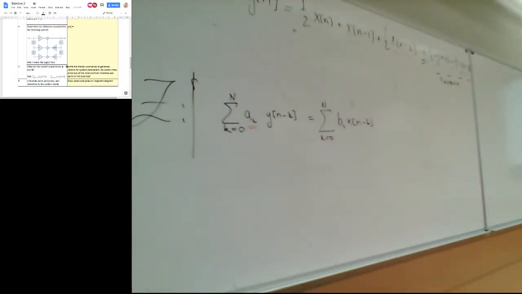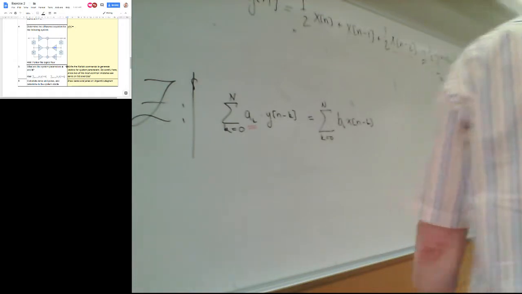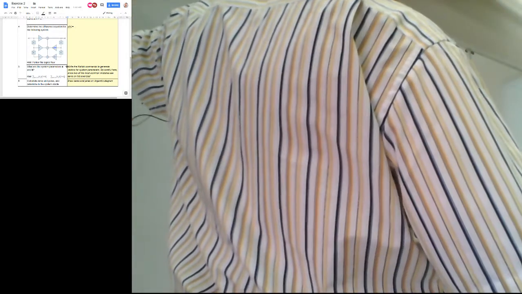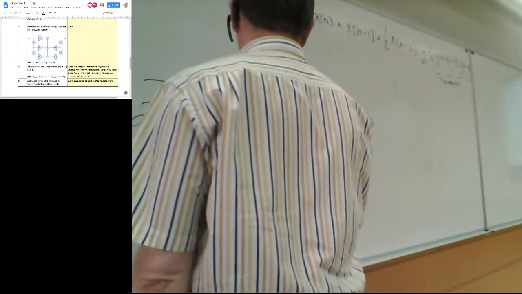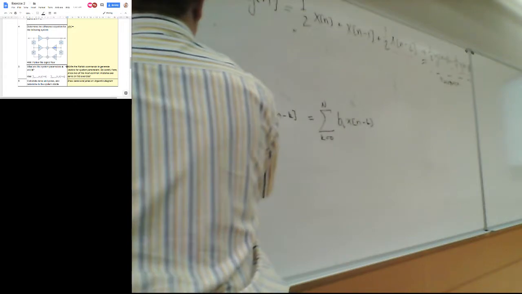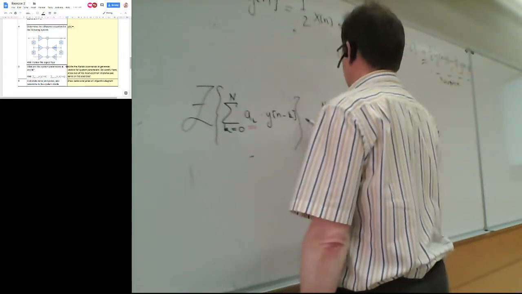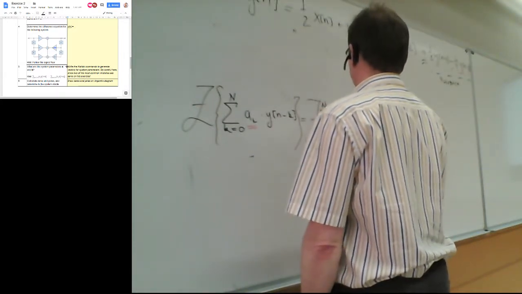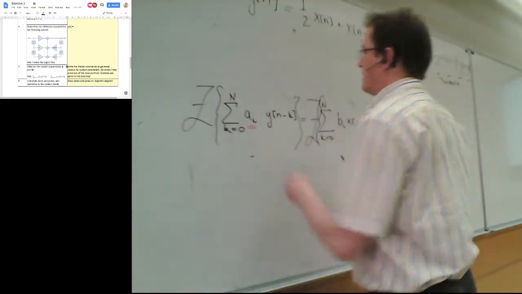Z transform is linear. And there's also the time shift operation for the Z transform. So we get Z transform of that equals Z transform of that.